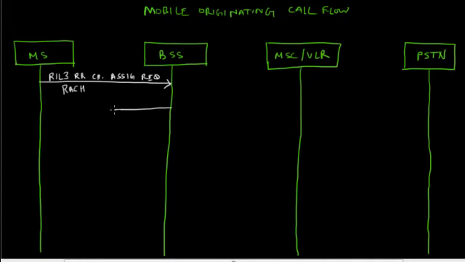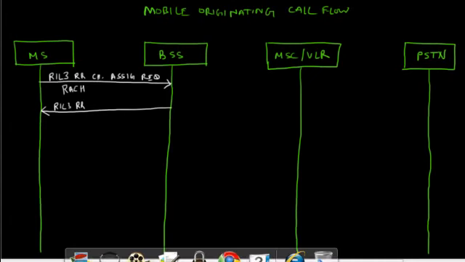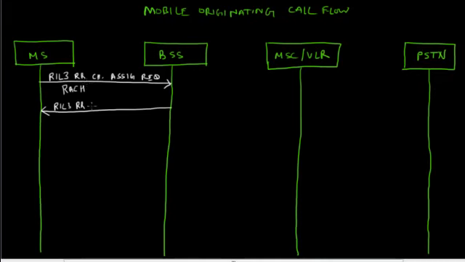The BSS sends back a response which is called the immediate assignment. Which is called the RRL immediate channel assignment, on the access grant channel.